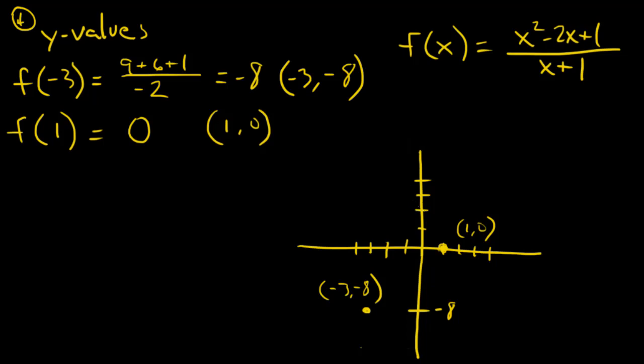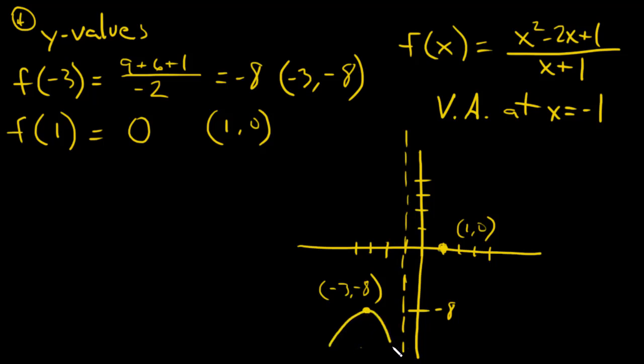We forgot one critical bit of information about our graph, which makes this all go away and become very simple. And that is we have a vertical asymptote at x equals -1. So I have a vertical asymptote right here at x equals -1. Now it makes complete and total sense on how to graph this thing.